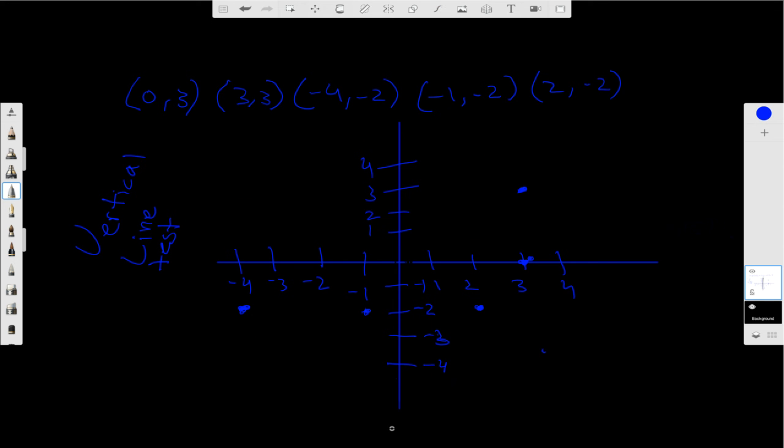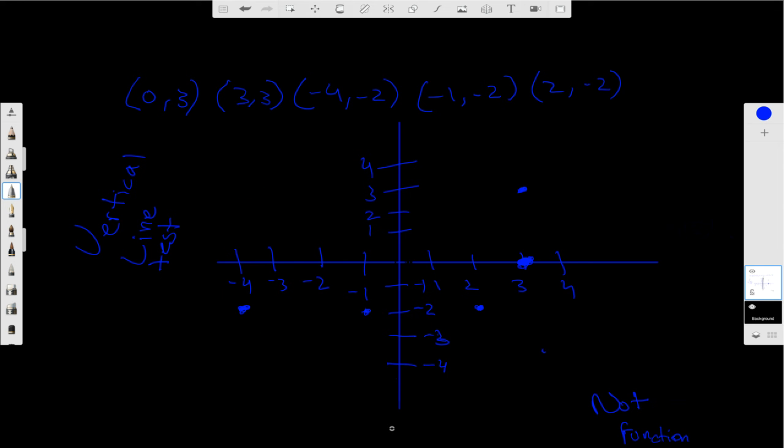So basically, you see if any two coordinates are coming down, and this determines if it's a function. So we can already determine that this is not a function. And this is how.